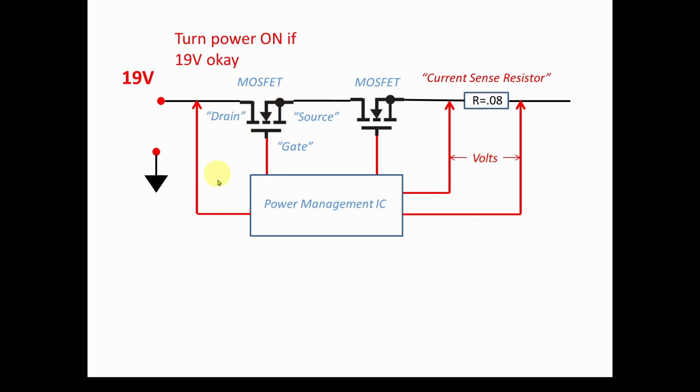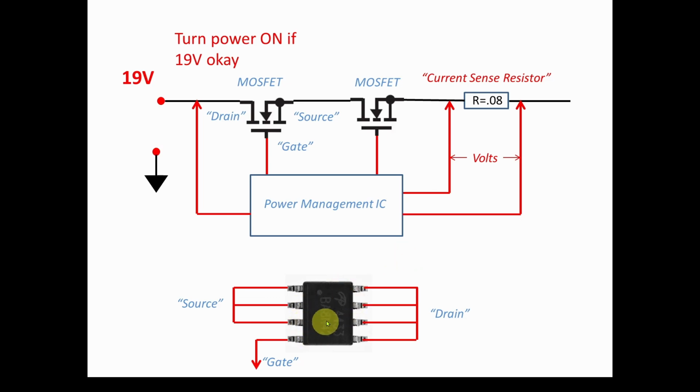So here is a very simple representation of the input circuit for your laptop, where you're measuring the voltage, you're measuring the current, and you're using those, among other things, to switch your input switches on and off to either apply or remove your 19 volts to your main power system, which will then take that and convert it to the lower voltages to feed the components.